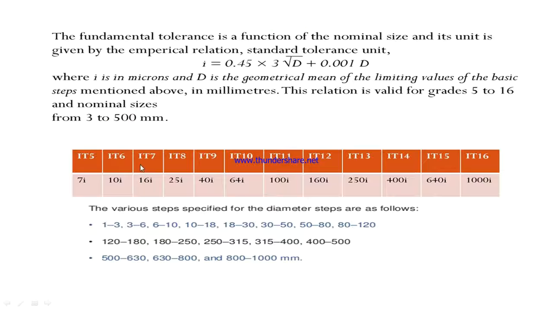So, the fundamental tolerance is a function of nominal size and its unit is given by the empirical relation, standard tolerance unit I equals 0.45 cube root of D plus 0.001 times D, which is already given in the problem, where I is always expressed in microns, and D is called the geometrical mean of the limiting values of the basic steps, which is always expressed in millimeters.